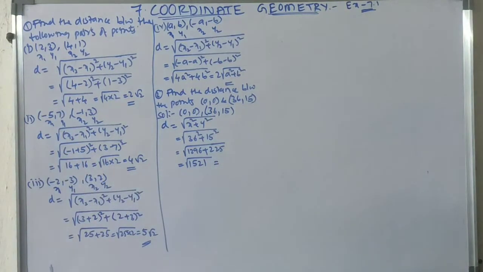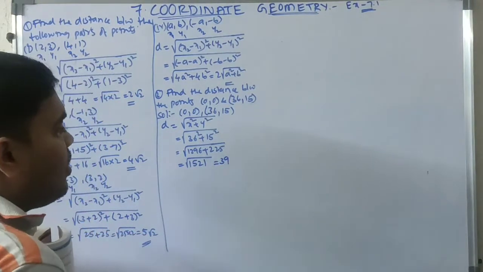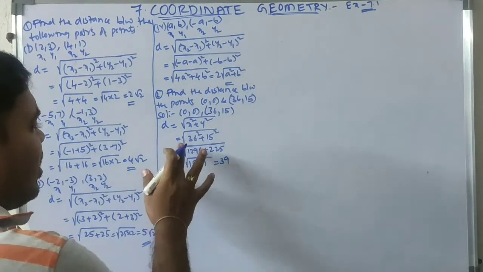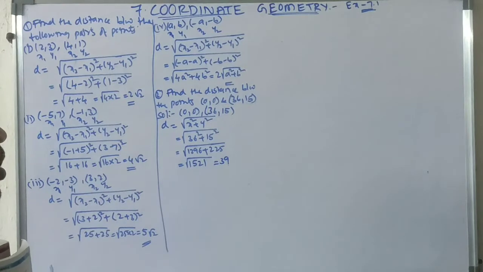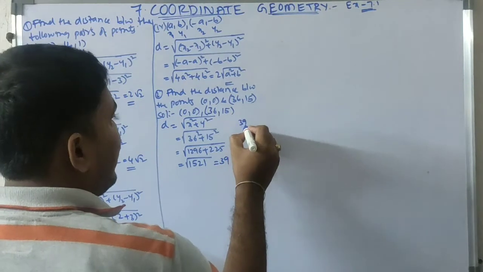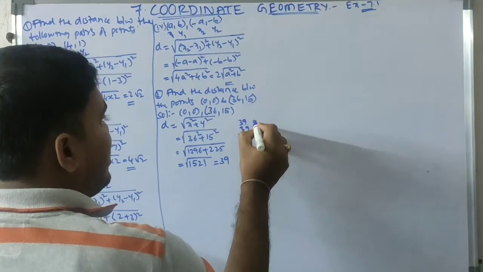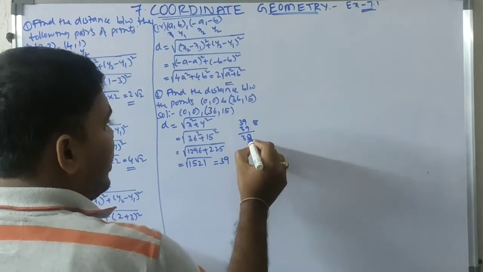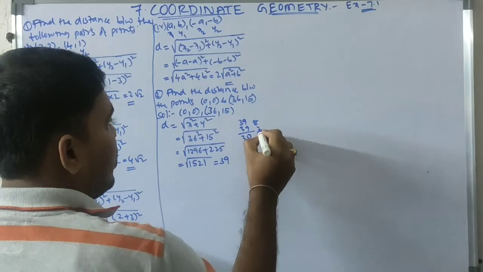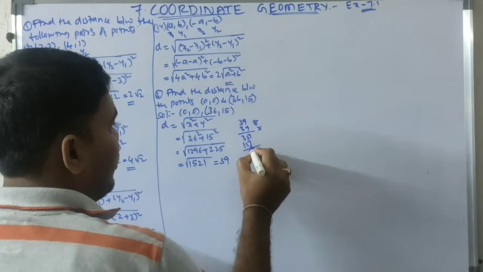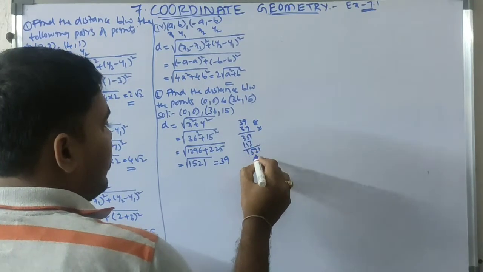Square root of 1521 is 39. Let me verify by doing 39 into 39: 9 into 9 is 81, 9 into 3 is 27 plus 8 is 35, 3 into 9 is 27, 3 into 3 is 9 plus 2 is 11, and so on, giving 1521.